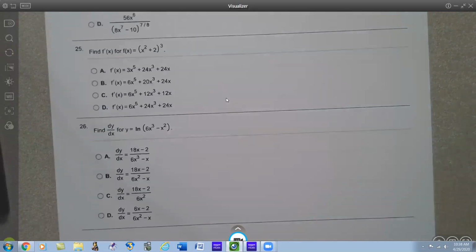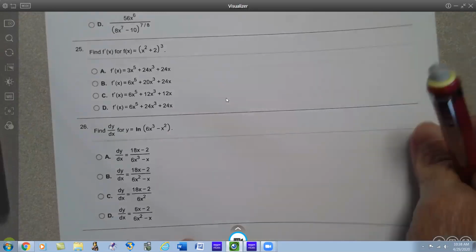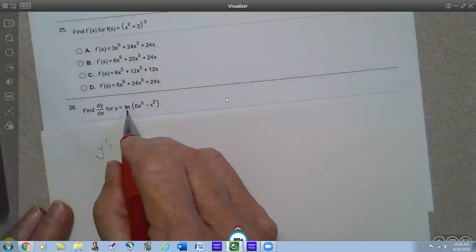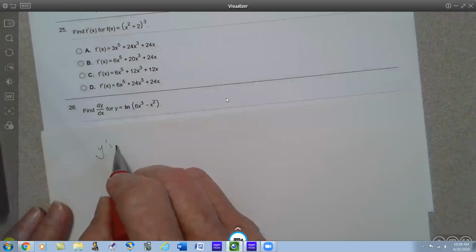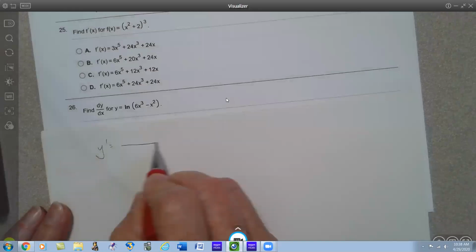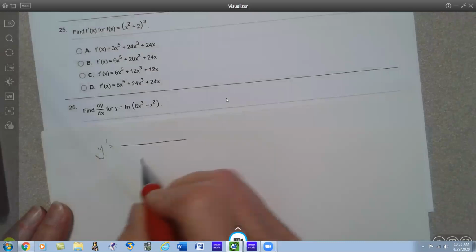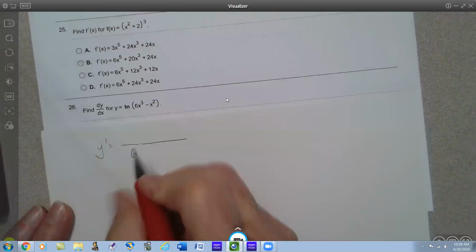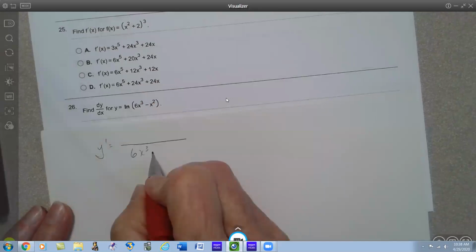Maybe we'll look at 26 real quick. If you have a constant up front, you keep that constant up front. Draw your line. Remember that goes to the denominator. If I can write it correctly. And then get the derivative of that.